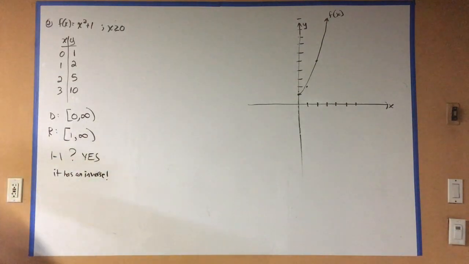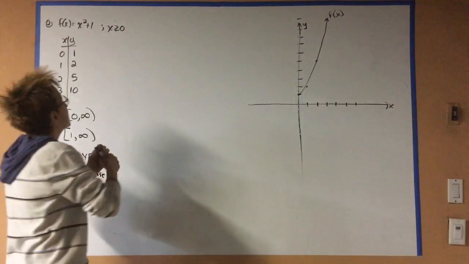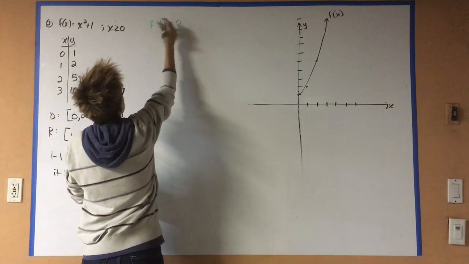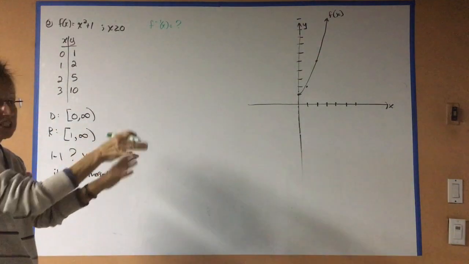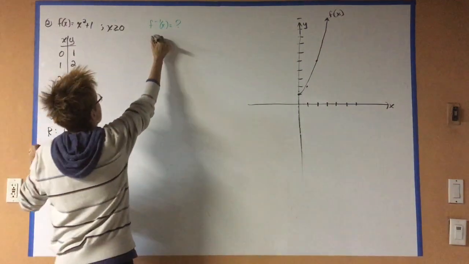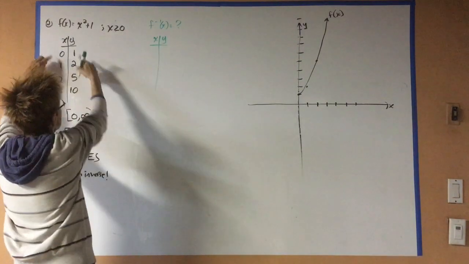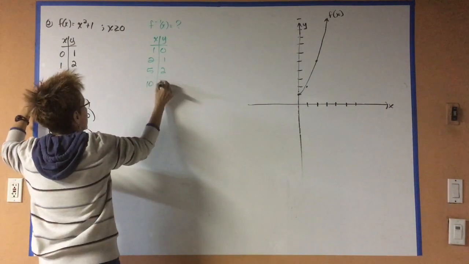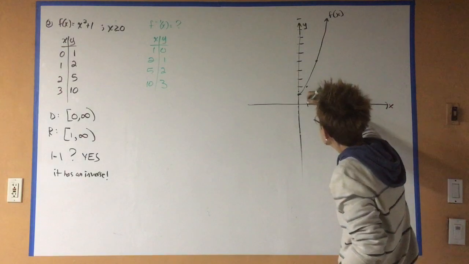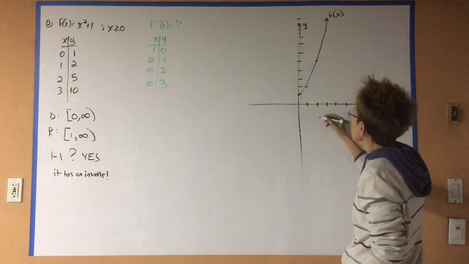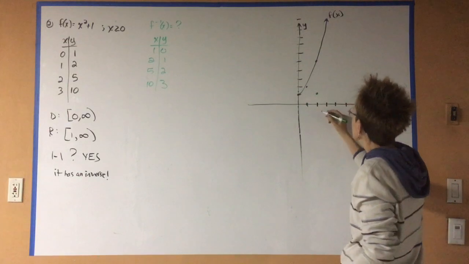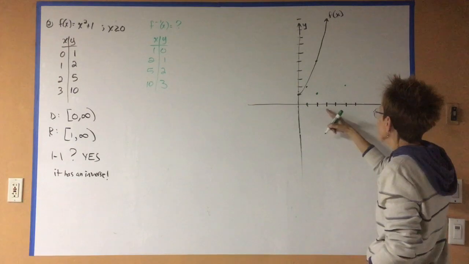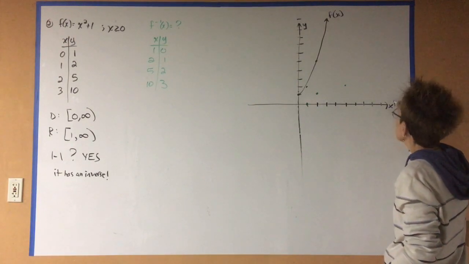So I'm going to go find an inverse. F inverse of x. I don't know its equation, but I don't need to know its equation to get most of the stuff done. Its t-table will be the reverse of this. So 1, 0, 2, 1, 5, 2, and 10, 3.